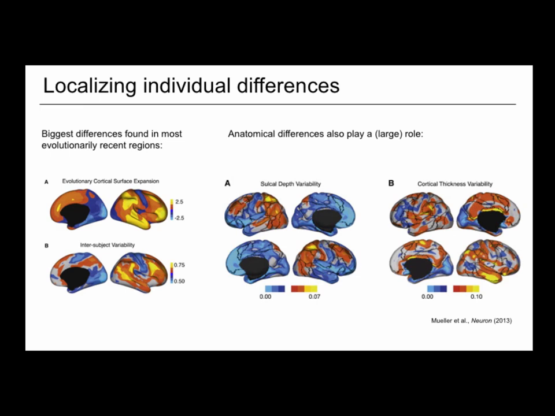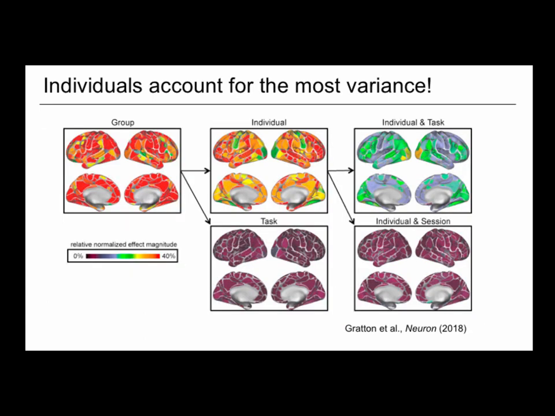So these are also the areas that have the most variability in terms of sulcal depth and cortical thickness and things like this. So that's an important point, that there are likely some anatomical differences playing a role here, but we think that there are some functional ones that are going above and beyond that. And again, that's where we're really hoping to find some biomarkers.